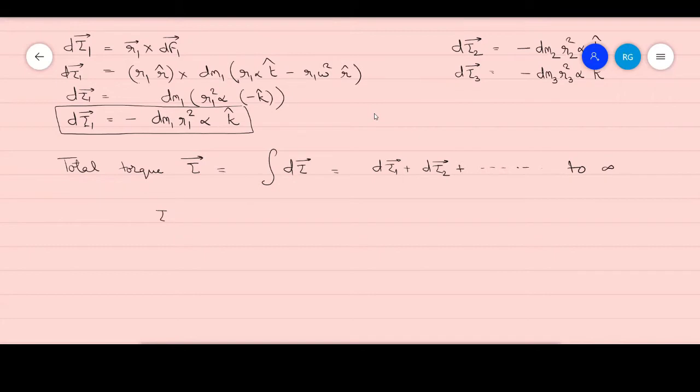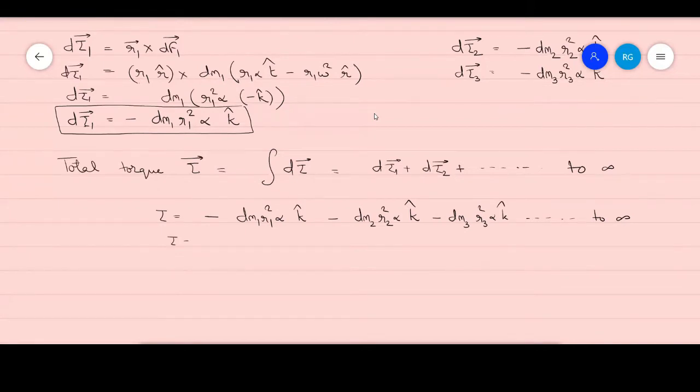So we can write the total torque as dm1 r1 square alpha minus k cap, minus dm2 r2 square alpha k cap, then minus dm3 r3 square alpha k cap, and so on, up to infinity.